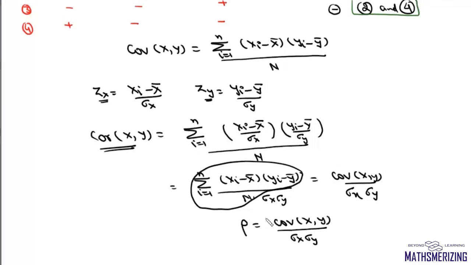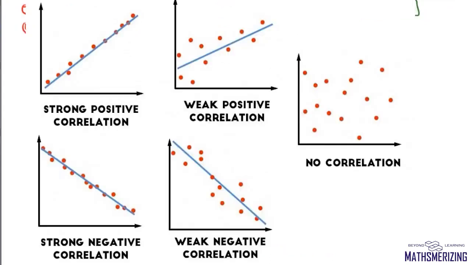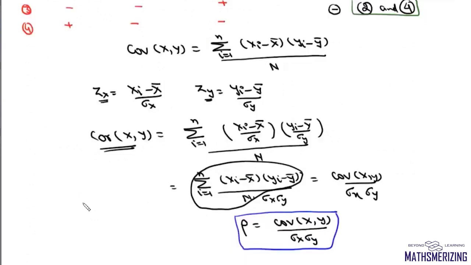Now we have this rho, which is the coefficient of correlation. This coefficient of correlation not only tells us the direction of linear relationship, it also tells us the strength of the linear relationship. This value of rho lies between -1 and +1.